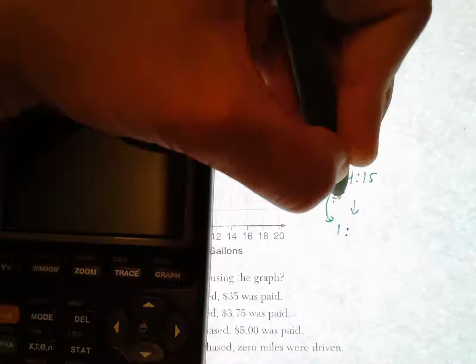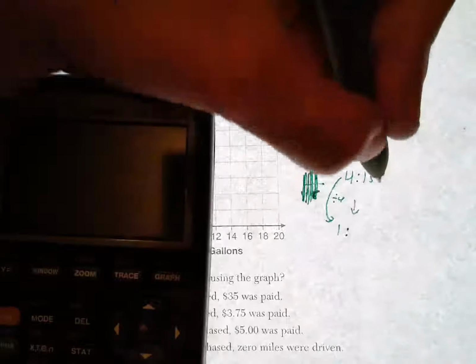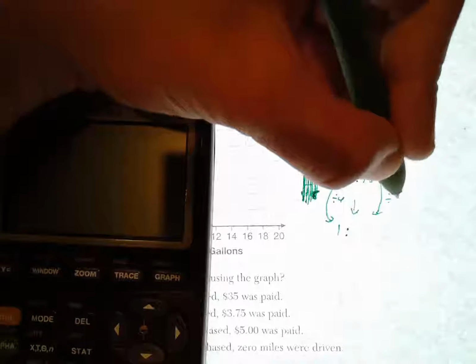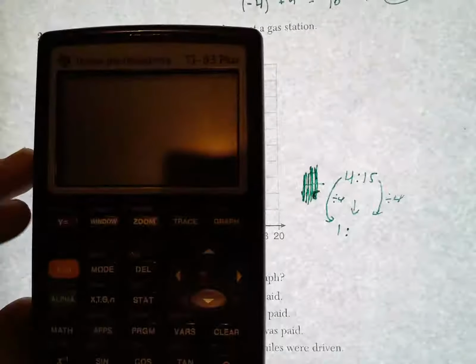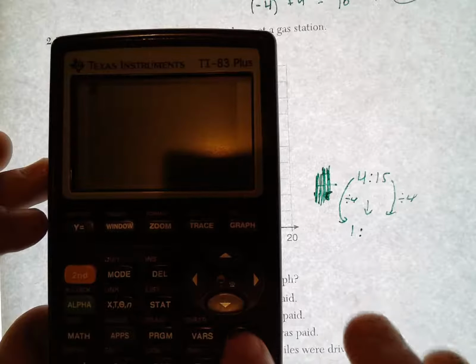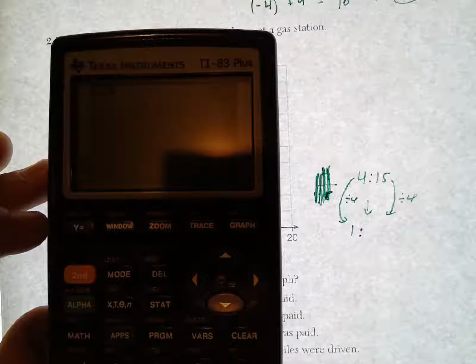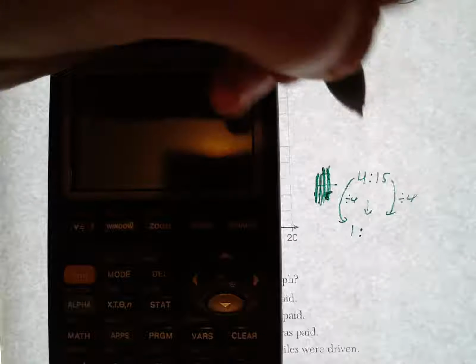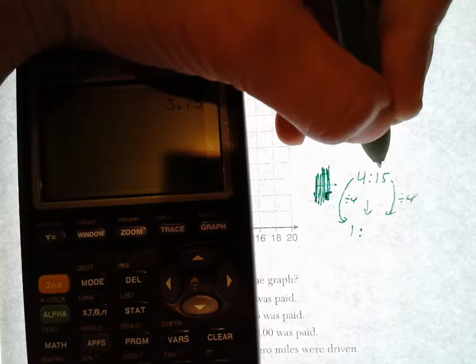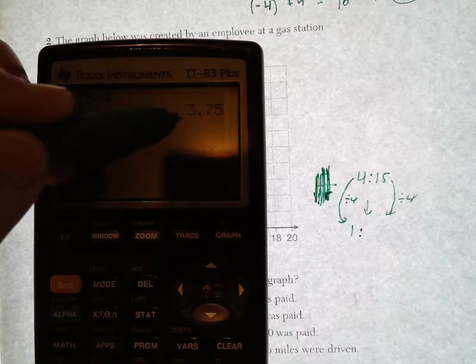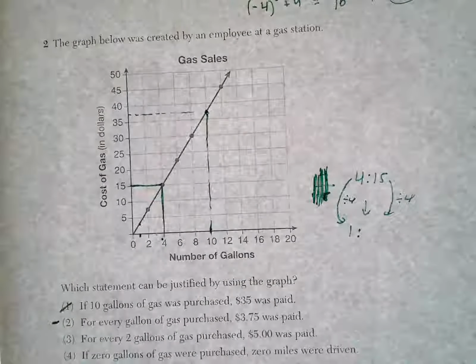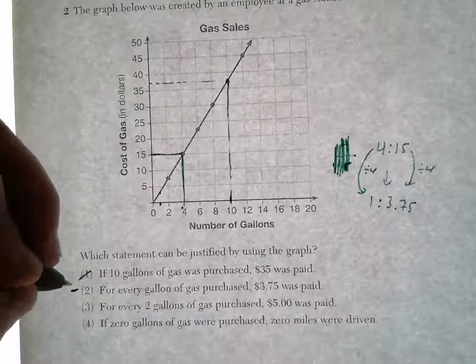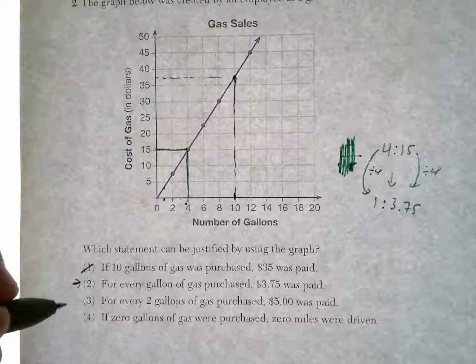I had to divide by 4 to get there, so I'll do the same thing here. Divide by 4 to get here. And if I say 15 divided by 4, I get the answer 3.75. So if it's 4 gallons to $15, at 1 gallon, it should be $3.75. That looks like this might be our answer, but let's check the others just to be sure.